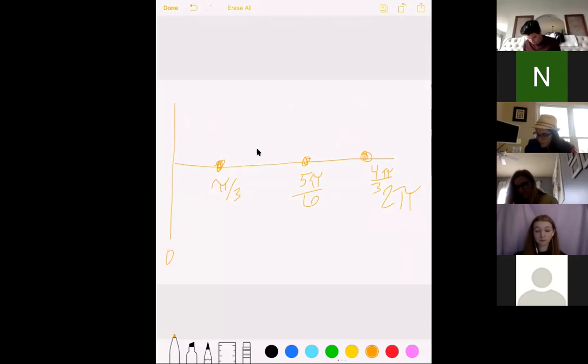And part of the key here is knowing that the shape of the sine function would be something like this.